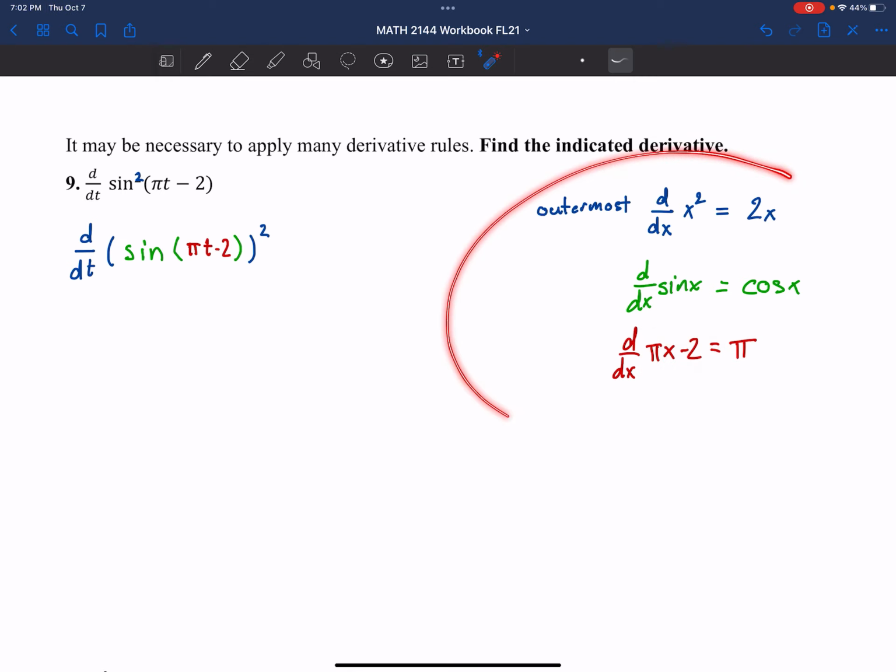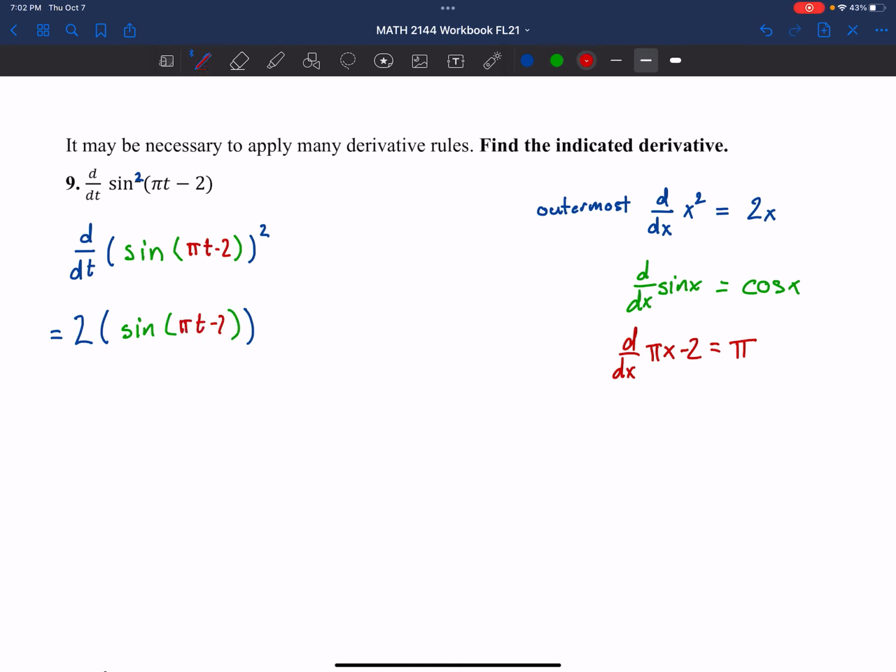So this is me just taking inventory of what I have to use, and now I'm just going to repeatedly apply the chain rule. So I'm going to take the derivative of the outer, which is going to be 2, and then I'm going to leave the inside alone. So the sine of pi t minus 2.